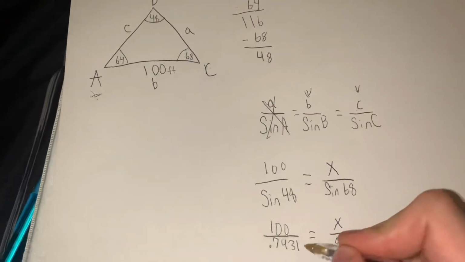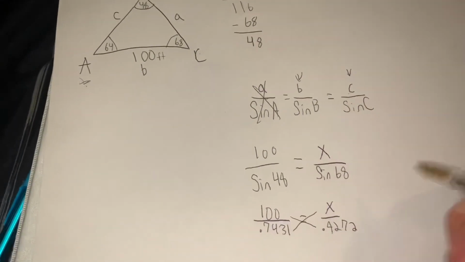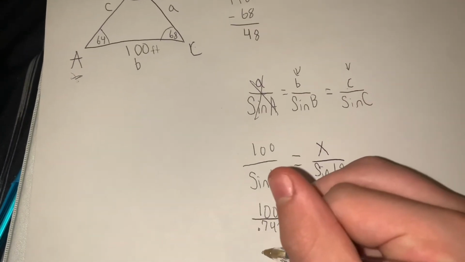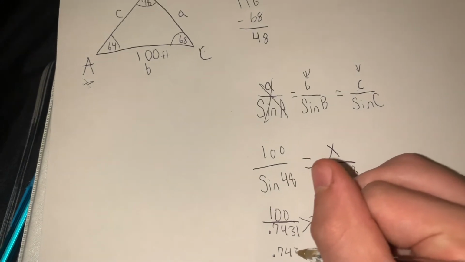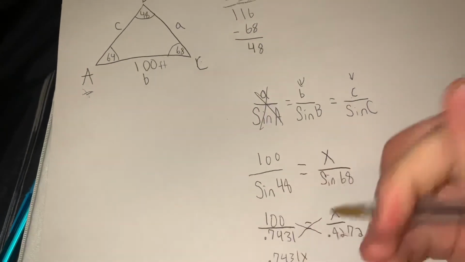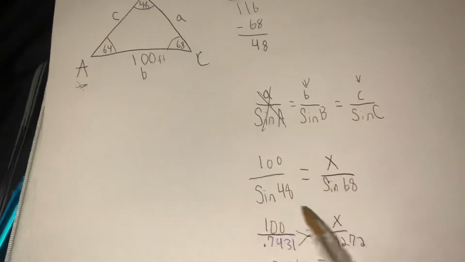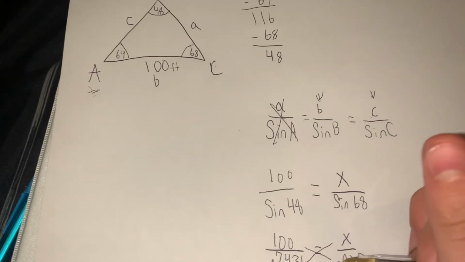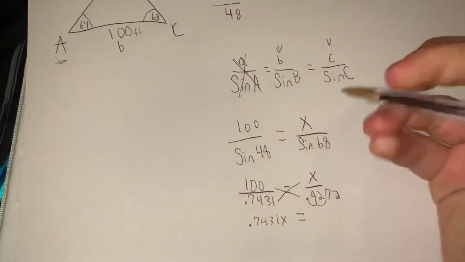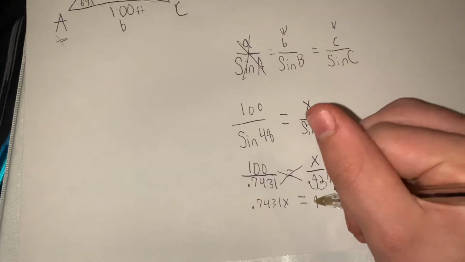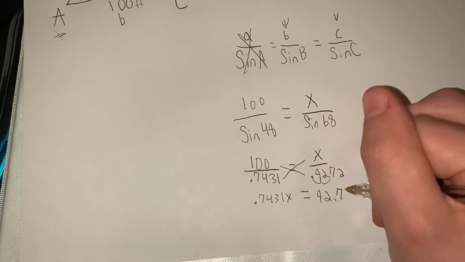Now, we're going to do some cross multiplying, and we have 0.7431x equals 100 times that. Gotta move this one over twice, and we have 92.72.